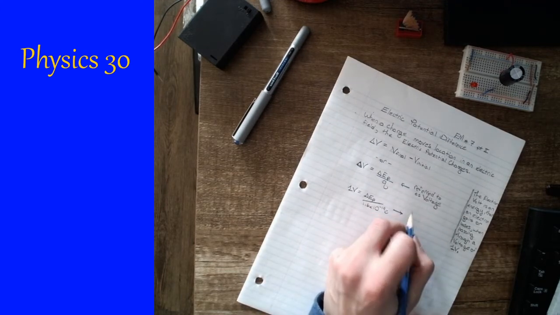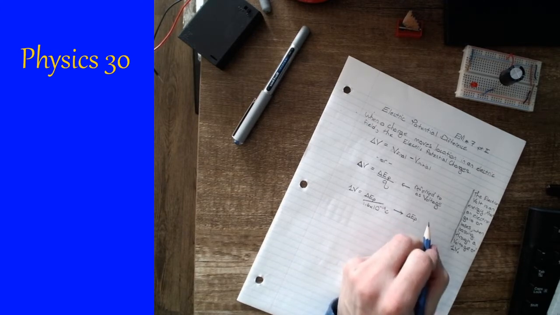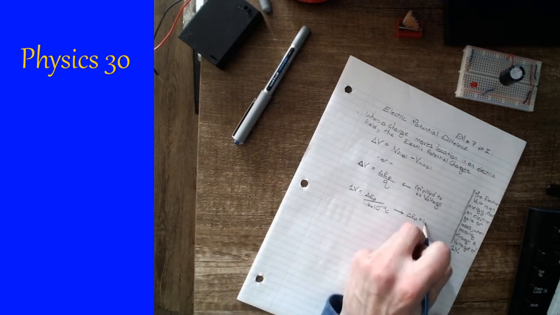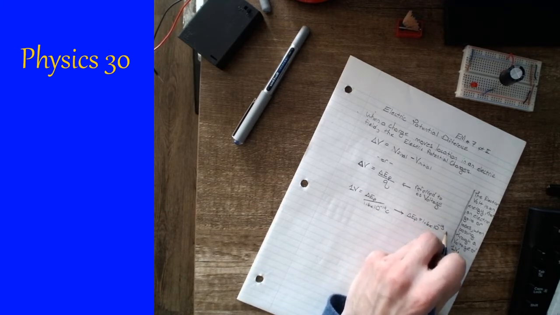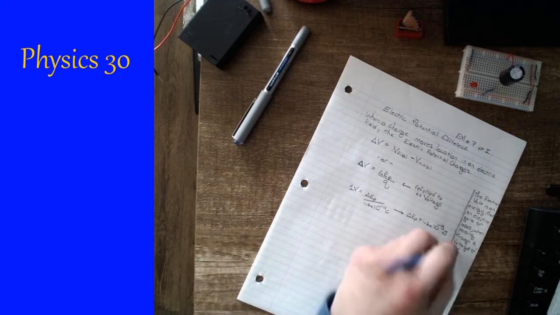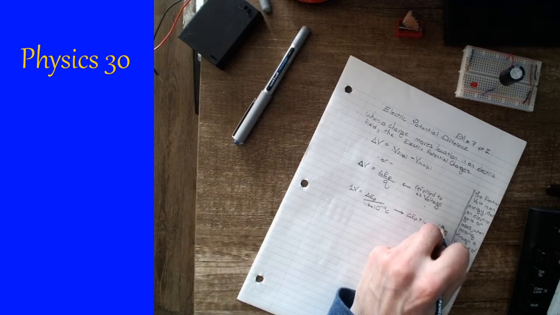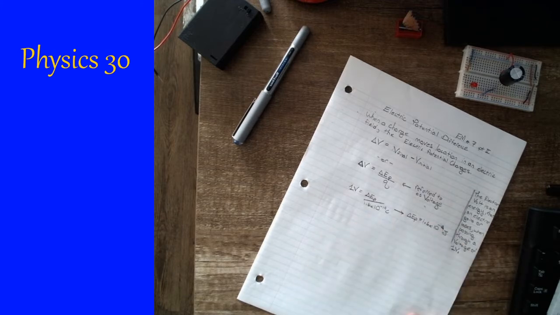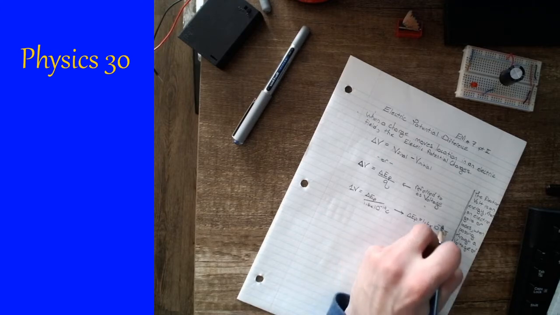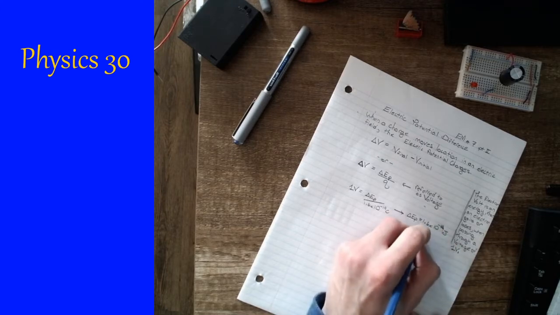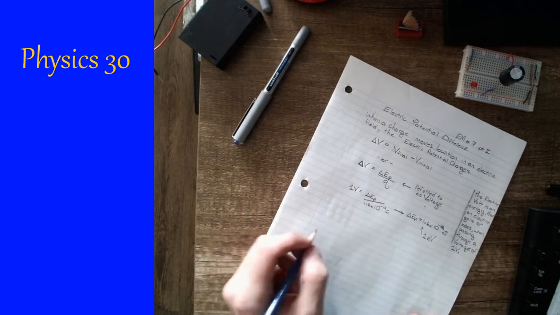This allows us to say that the change in energy for this electron would be 1.6 times 10 to the negative 19 joules. This energy is referred to as 1 electron volt.